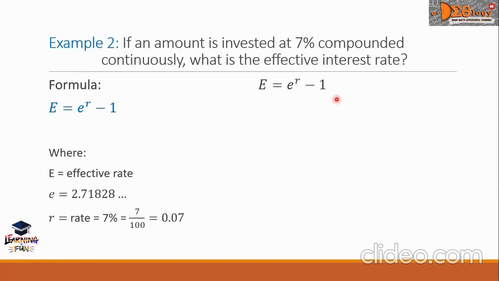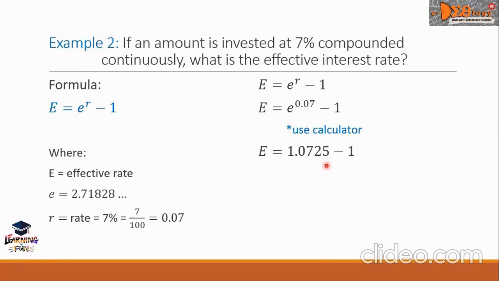We copy again the formula here, then let us do the substitution. Capital E equals the small e raised to r, and the r is now 0.07, and this value is minus 1. We can use the calculator to get directly this e raised to 0.07, and the value is 1.0725.